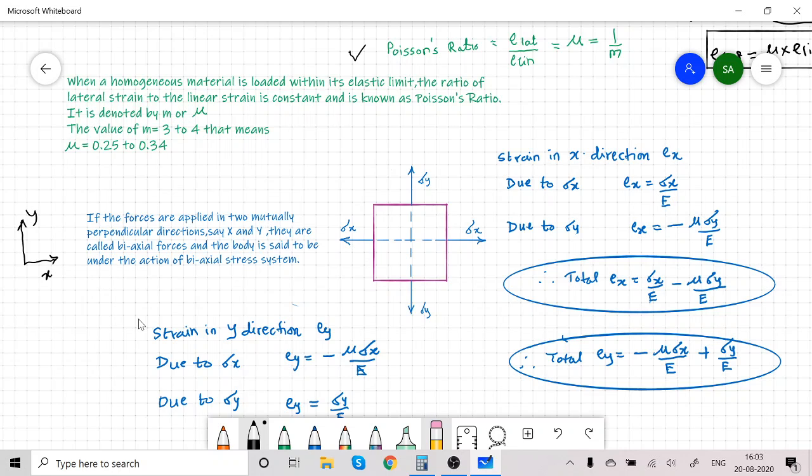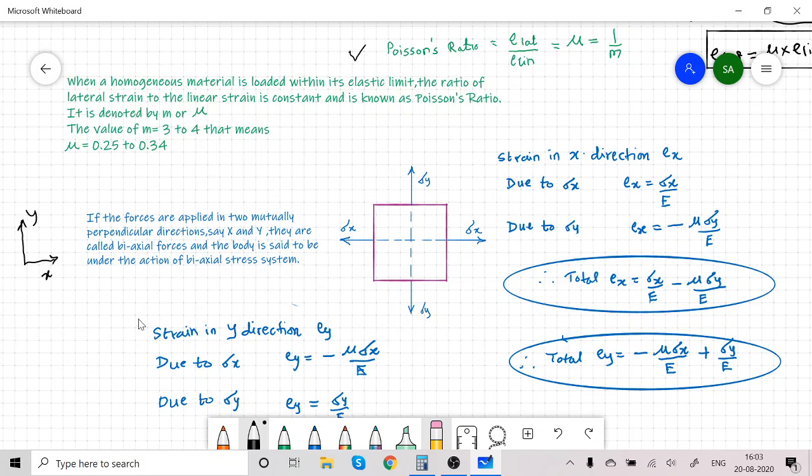So, if the forces are applied in two mutually perpendicular directions, say x and y, then they are called biaxial forces, and the body is said to be under the action of biaxial stress system.